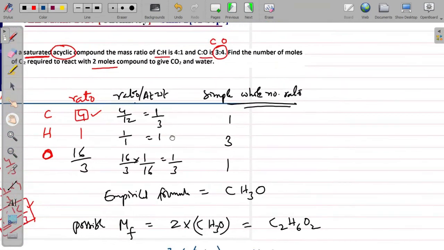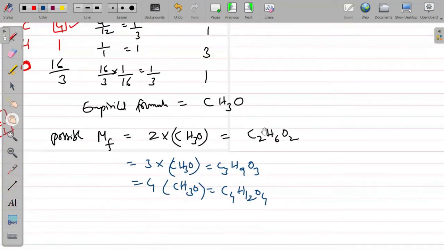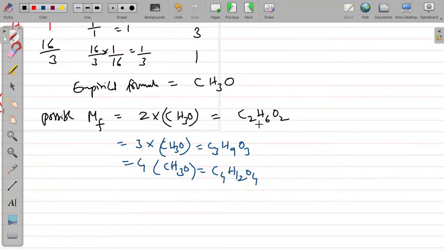Let's not go further yet, and check first what happens here. They are saying saturated and acyclic. So if it is C2H6O2, let's calculate the degree of unsaturation. The formula is (2 into the number of carbons plus 2 minus the number of hydrogens) divided by 2, and there is no oxygen term in the formula, so that is automatically taken care of.